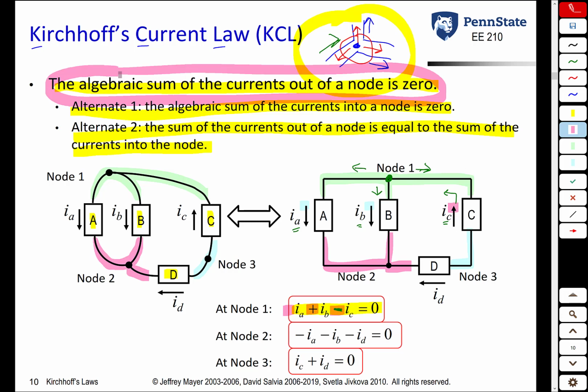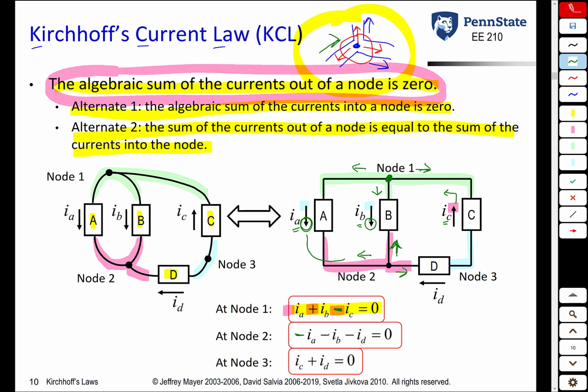Okay, let's do the same thing for node 2. Once again, I like to sum the currents leaving the node. So this current plus this current plus this current is equal to 0. The current in the left direction, it's IA, but you hit that arrow head first, so it's minus IA. Likewise, the current in this direction is IB, but it's minus IB because of the way IB is defined.